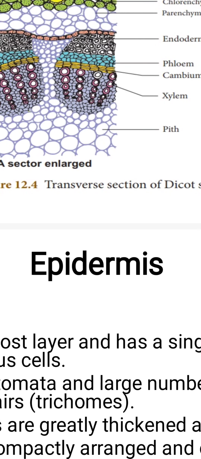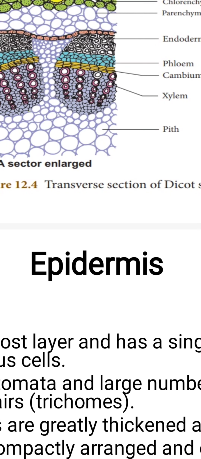Epidermis is the outermost layer and has a single layer of parenchymatous cells. It possesses stomata and a large number of multicellular hairs, which are called trichomes. The hairs present on the stem are called trichomes. The outer walls are greatly thickened and cutinized.